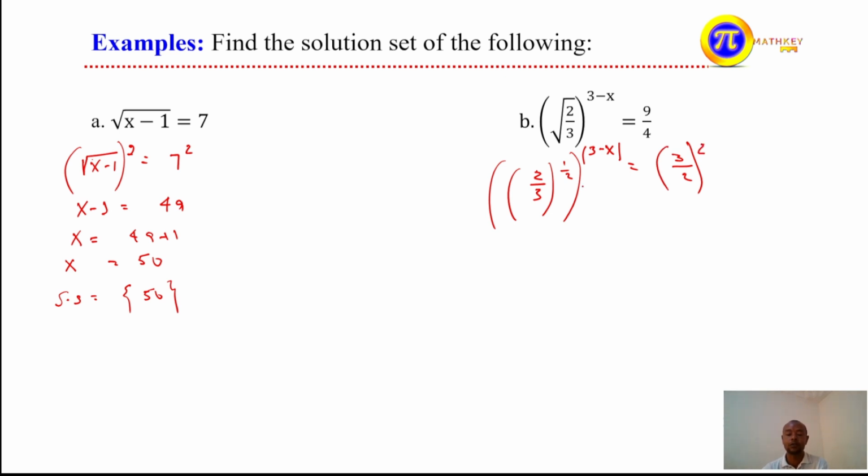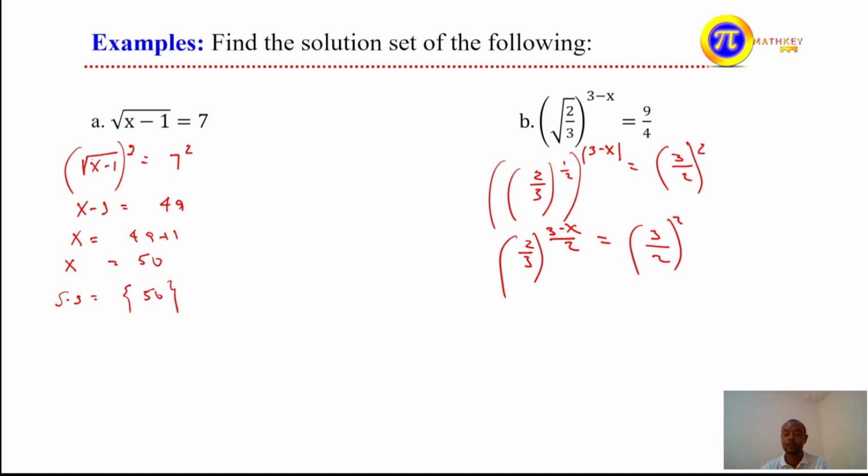When you take this one, here we have two exponents. Take the product of the exponents at the left side, which is 2 over 3 to the power of 3 minus x over 2, equal to 3 over 2, the whole squared.